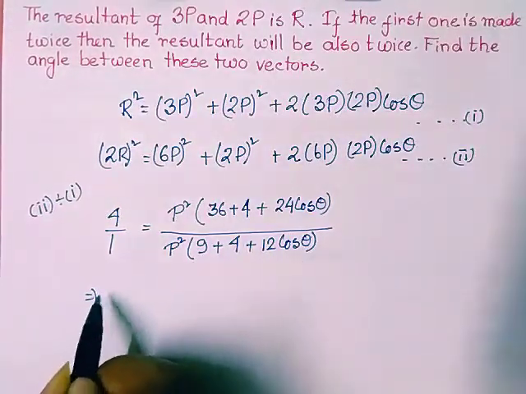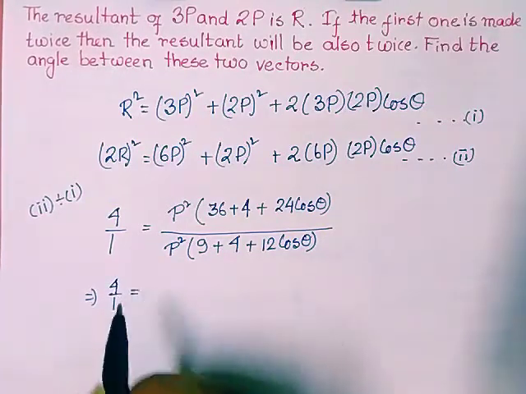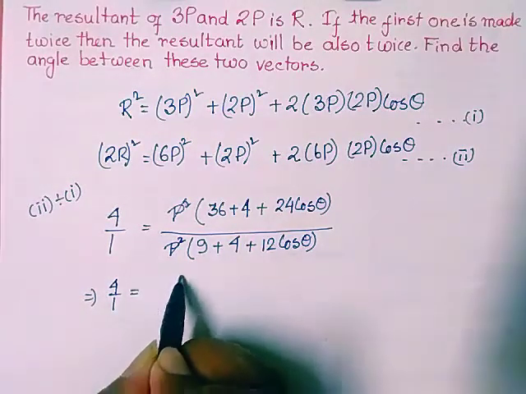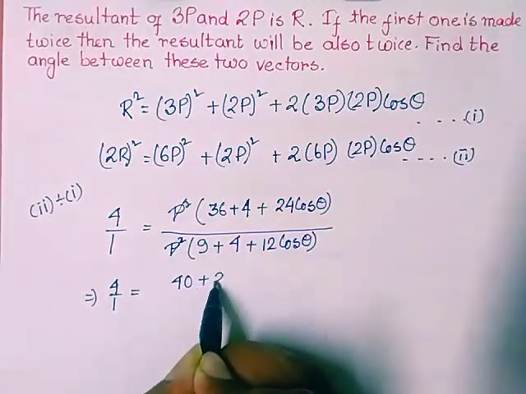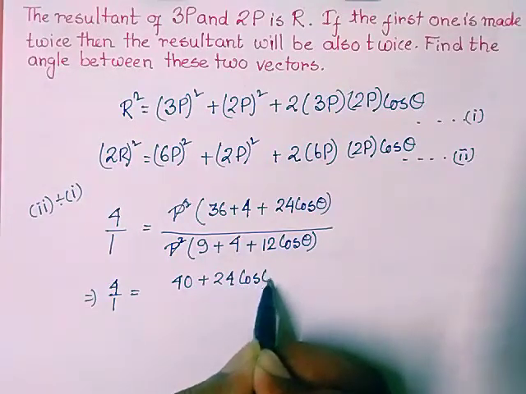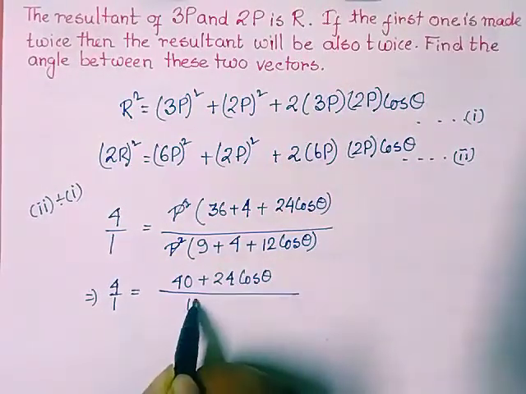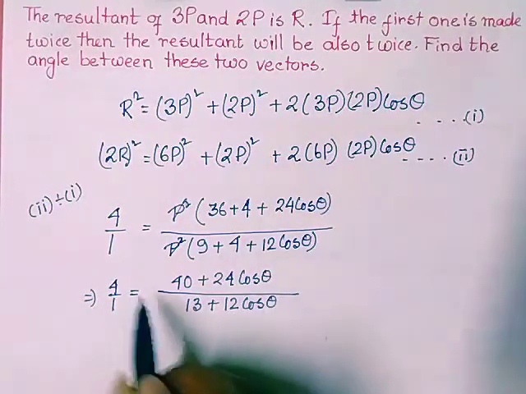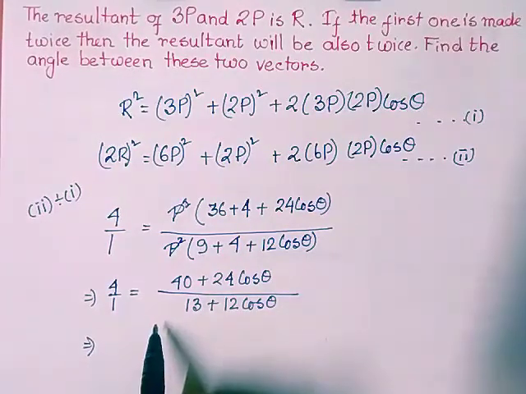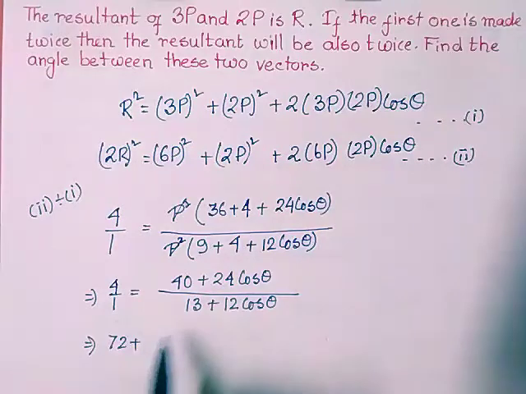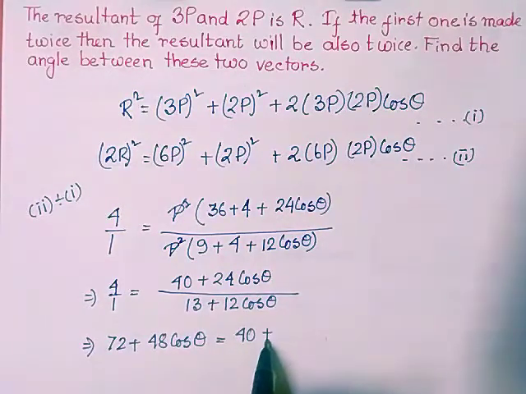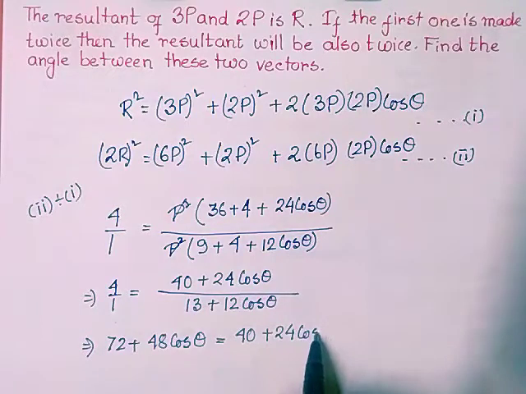So just see, within a fraction of a moment, the equations will be in terms of cos theta only. So it will be 40 plus 24 cos theta divided by 9 plus 4 is 13 plus 12 cos theta. Now the cross multiplication. So 13 into 4 is 52, 12 into 4 is 48 cos theta equal to 40 plus 24 cos theta.